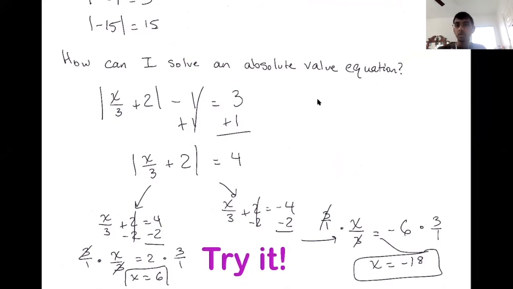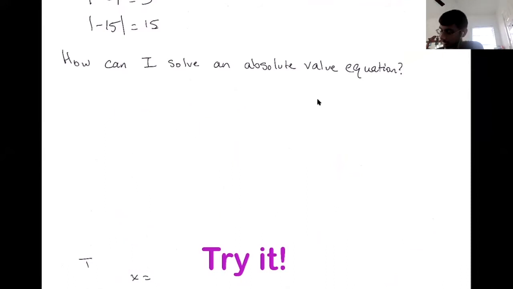One more thing you should keep in mind before I put the try it problems up: let me erase some of this stuff. Okay, so let's say, for instance, that I had a problem like this: the absolute value of x plus 3 is equal to -2. Do you think we could solve this? Well, actually, we cannot solve it.